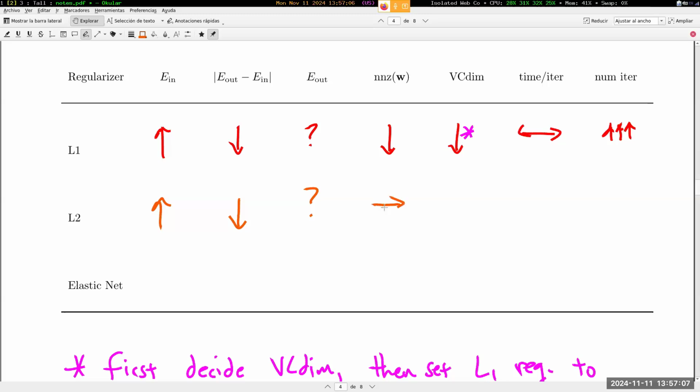We have no effect on our number of non-zeros, no effect on the VC dimension, no effect on the time per iteration, and it actually makes the number of iterations go down. It makes things faster. The quadratic shape, again, is the best possible shape from an optimization perspective, and the shape of the L2 regularizer is quadratic. So L2 regularization makes things faster.